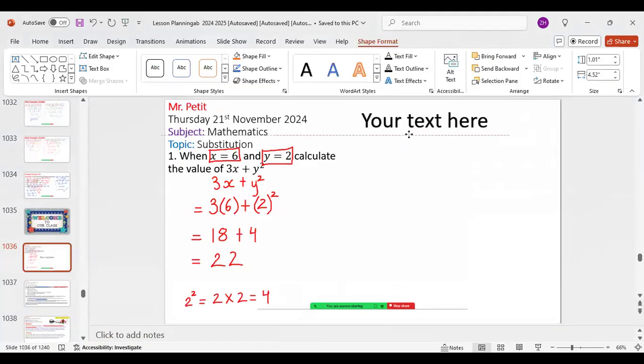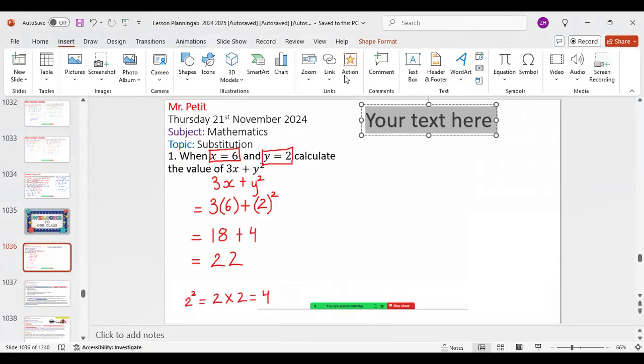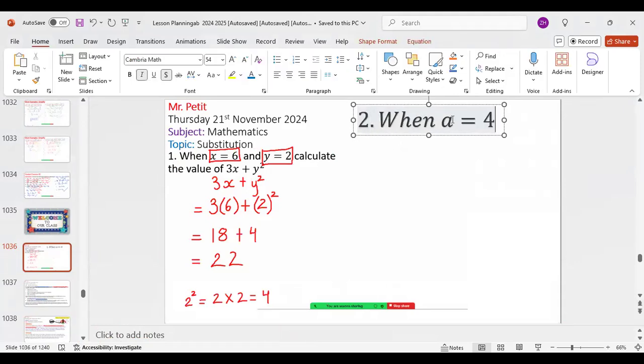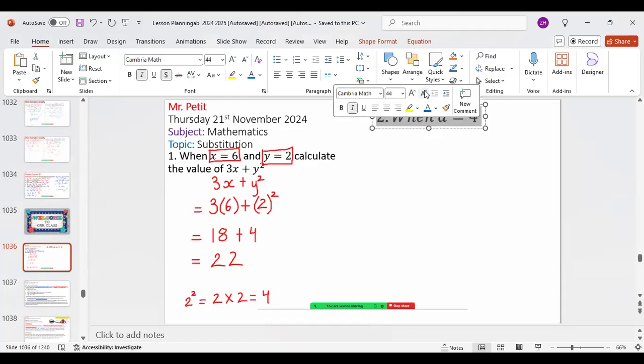It's going to be the same question. I just have to put it like this because I want to use the word equation, number 1. So when A is 4, this is number 2, right? Let's make this smaller.